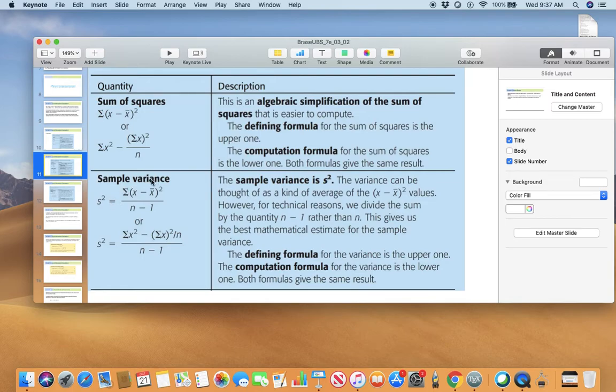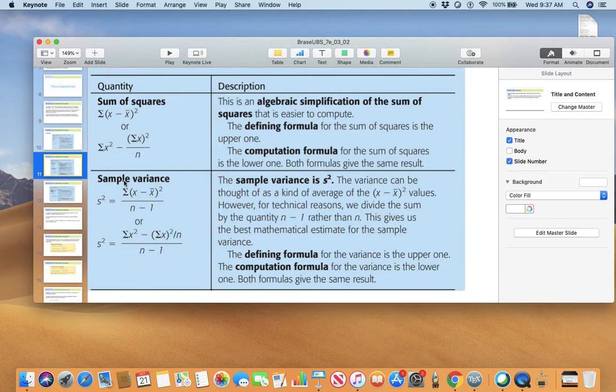Now, sample variance is denoted by s squared. You take all of this on the top and divide by n minus 1. All of this on the top is the same as the defining sum of squares.